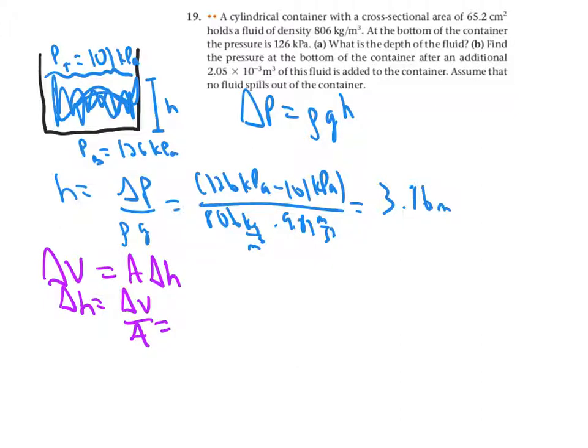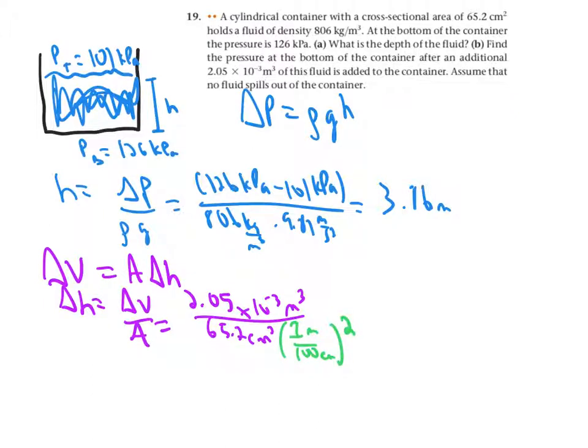The change in the volume is 2.05 times 10 to the minus 3 cubic meters, and the area we were given was 65.2 square centimeters. That's annoying because we're in meters, so I'm going to convert this and say that there is 1 meter per 100 centimeters, but then I have to square it because I have this square, and I need to make sure I get rid of the square down here.